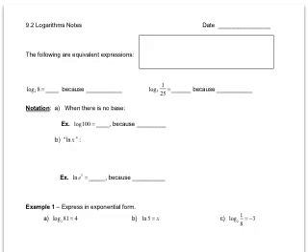So if we started off with an exponent, let's say we started off with b raised to some exponent, let's just call it e, equals x. So b raised to the exponent e equals x.